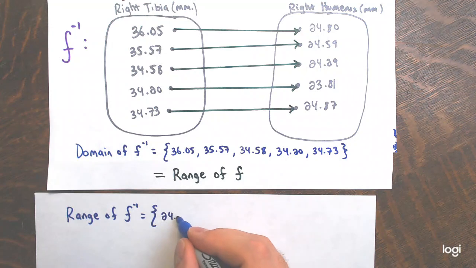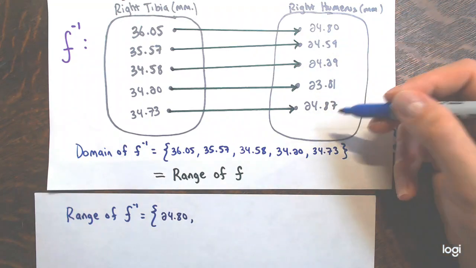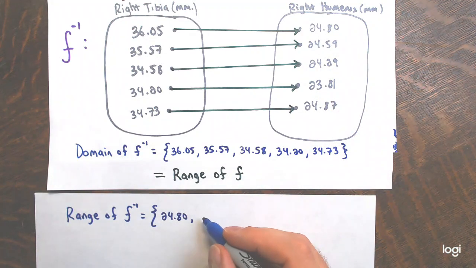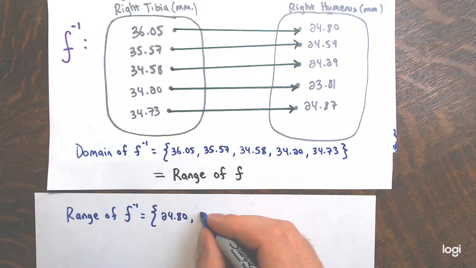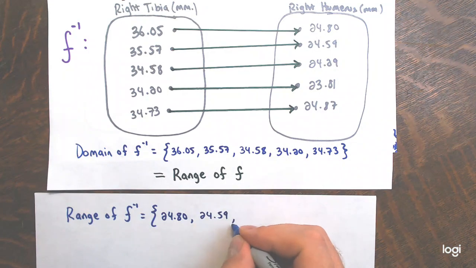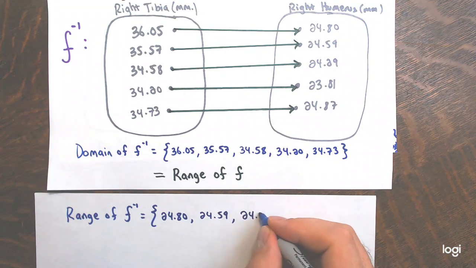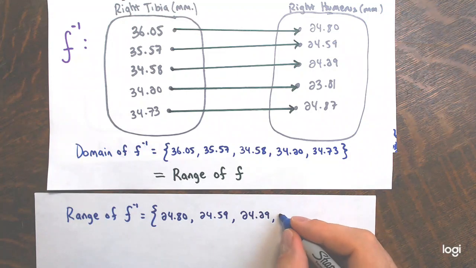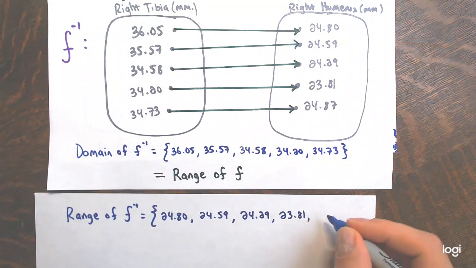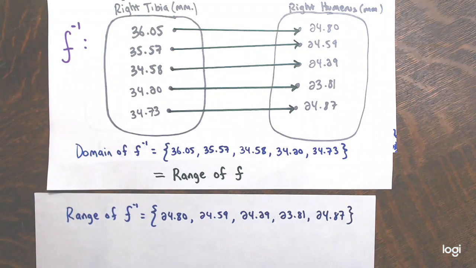So 24.80, and again, you can put them in numerical order if you want, lowest to greatest, but I'll just put them in the order I'm seeing them. 24.59, 24.29, 23.81, and 24.87, these 5 values. And if you notice, these 5 values were the exact same 5 values in the domain of the original function.